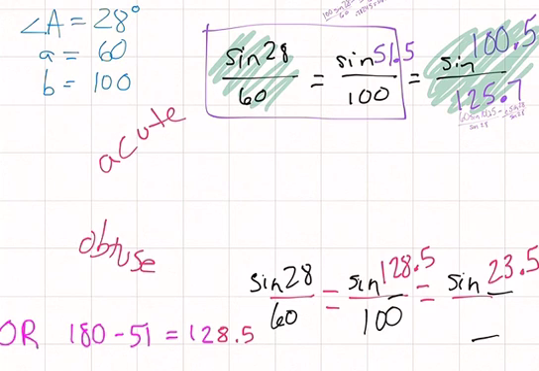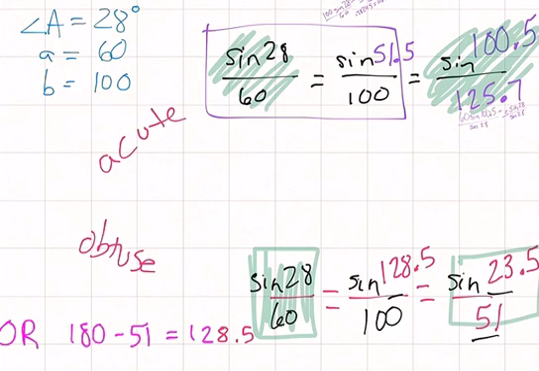I'm always going to go back and use the original ratio that we were given, so that there are no errors in that portion. We're going to do this like we did before: 60 times the sine of 23.5 divided by the sine of 28. I came up with 50.96, so basically 51.